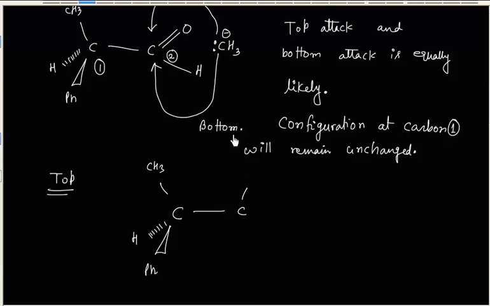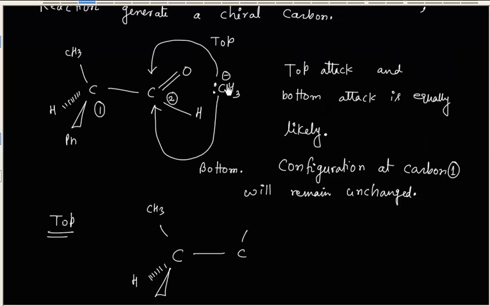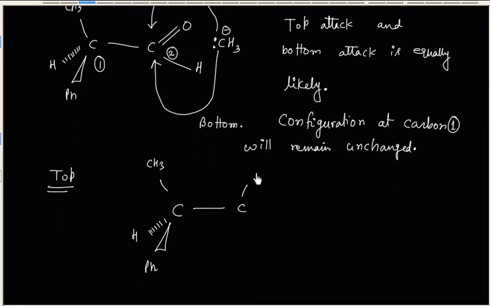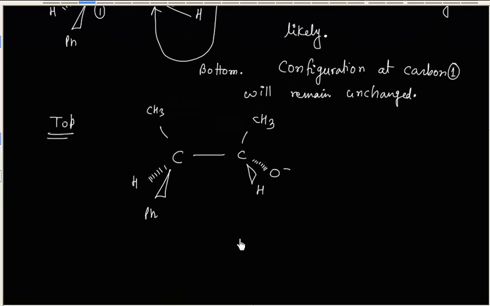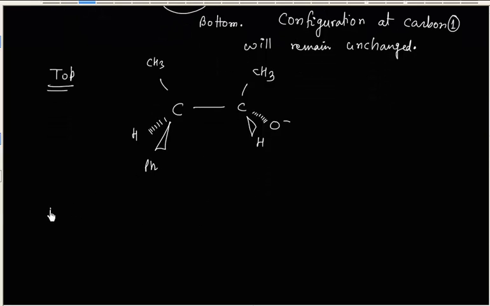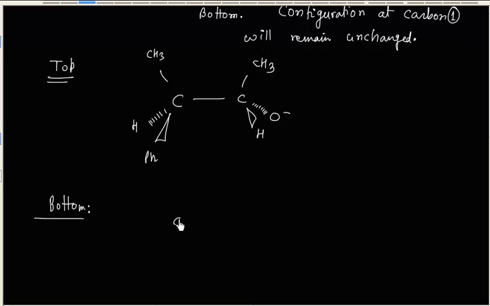Now on carbon number 2, CH3 is attacking from top, and now we will have O minus and hydrogen. So this is top attack. Now if I attack from bottom, so that is bottom attack, this carbon will have the same configuration.